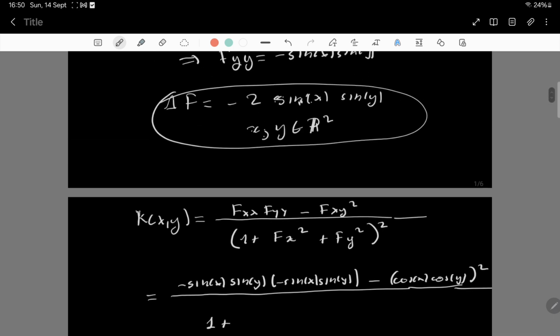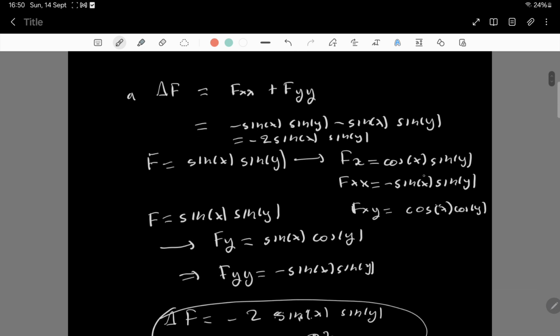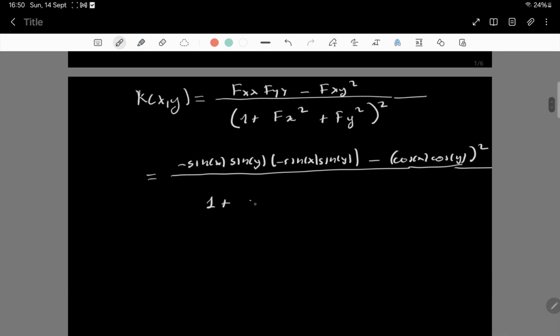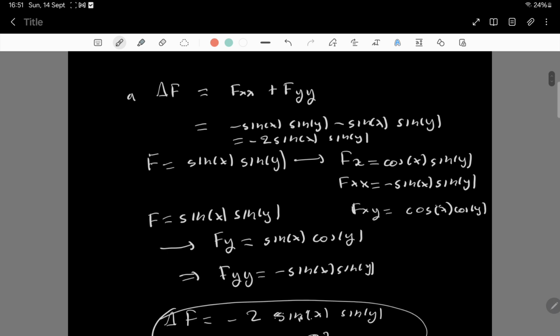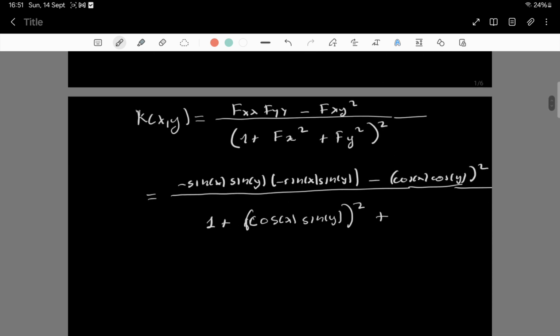1 plus the partial derivative of f with respect to x, which is cos x sin y, and that is raised to the power of 2, plus the partial derivative with respect to y, which is sin x cos y, the whole thing squared.